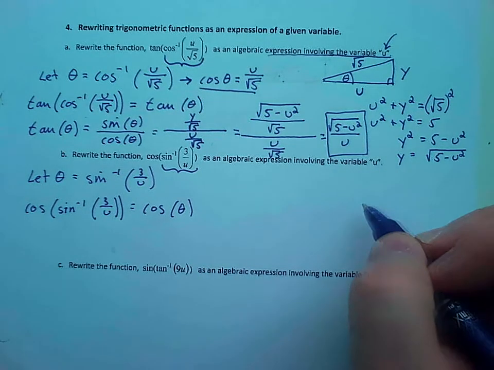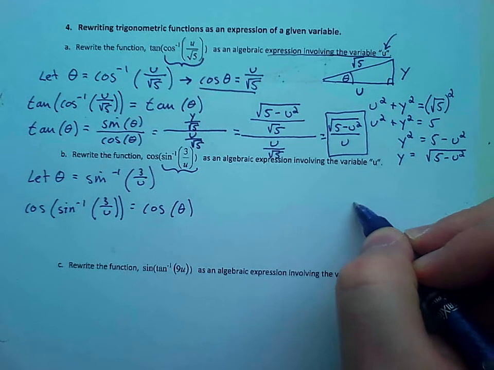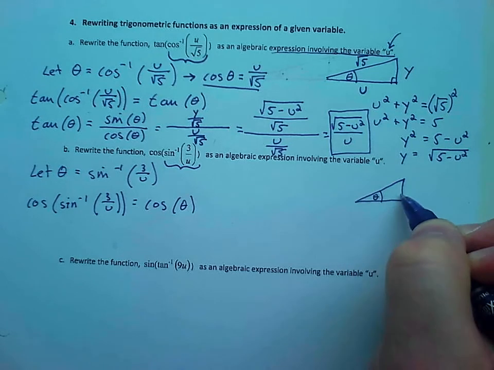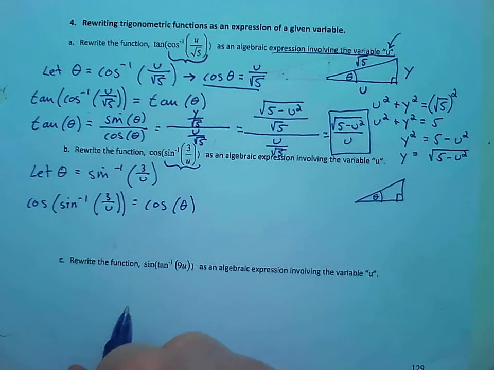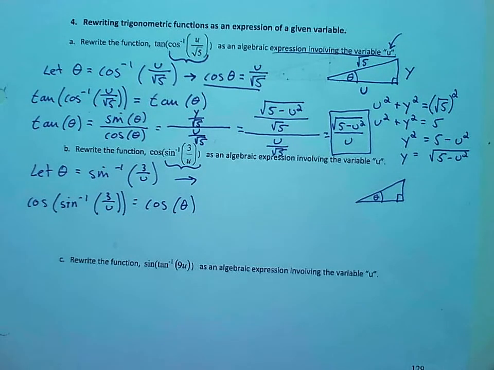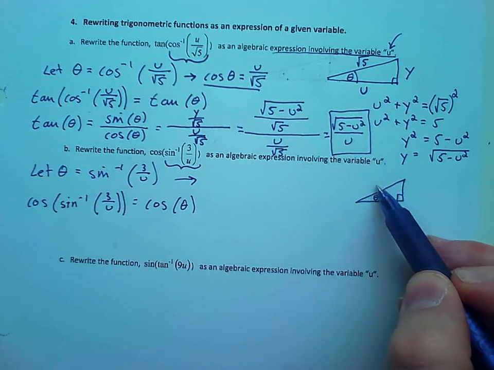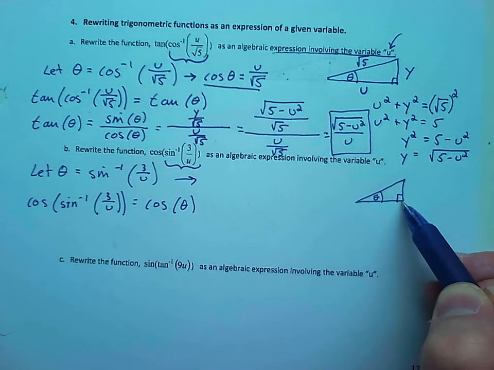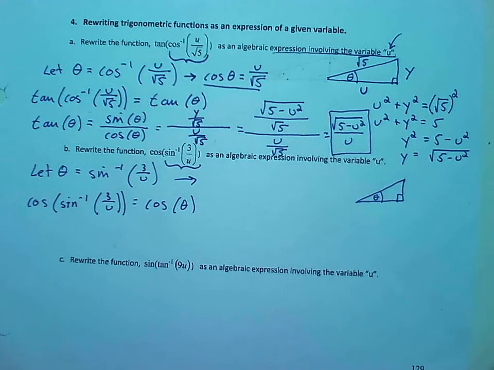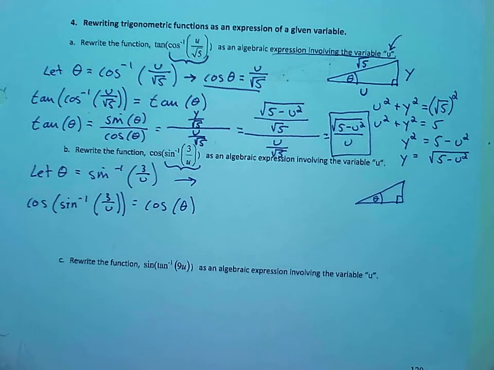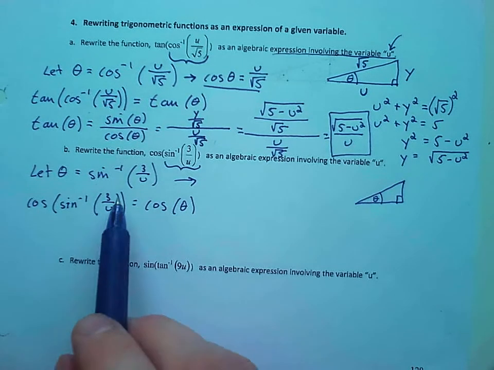Now, if we draw our triangle again, here we have theta, here we have a right triangle. If we figure out what the hypotenuse is, the adjacent side, and the opposite side, hopefully we can figure out an expression like we did up here where we just have it in terms of u.